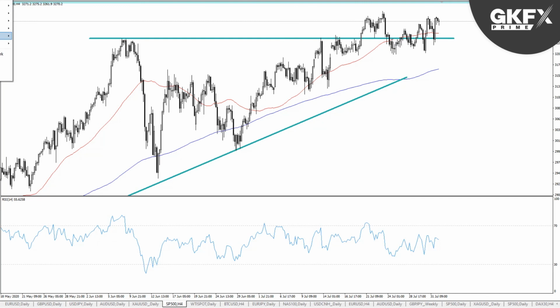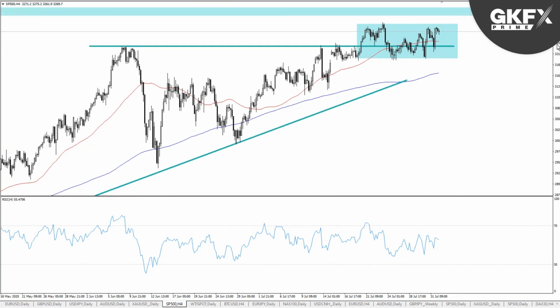If I just draw a kind of box in here on this 4-hour chart, if I put a rectangle in there, obviously that was the level we tried to break from. We tested a few times, broke, tested, tried to rally to the top side, failed, came underneath, but then we didn't go any lower than that either, and obviously we're just sideways. So consolidating here, so whichever side of this box we break from, that tells us where we're heading next.